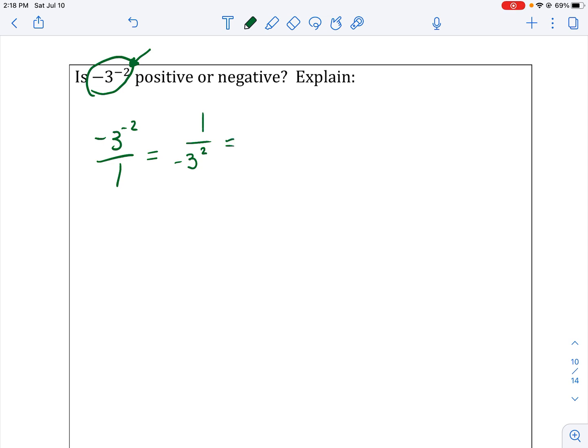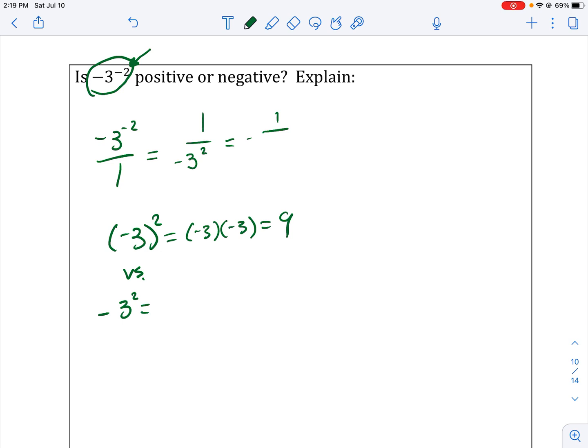Now, here's where we have to have a strong foundation in math. So the quantity negative 3 squared versus negative 3 squared. This means negative 3 times negative 3, which is a positive 9.